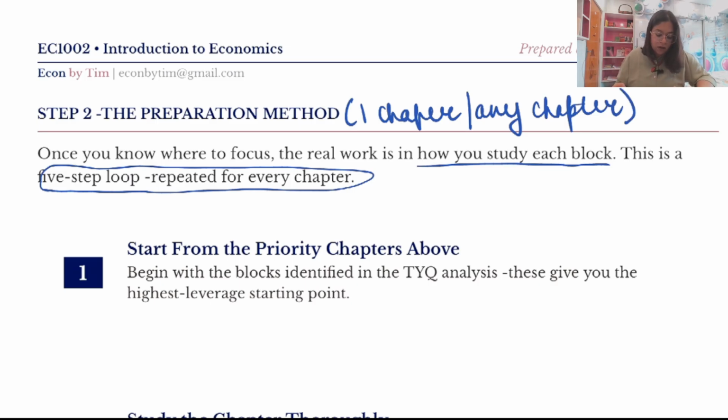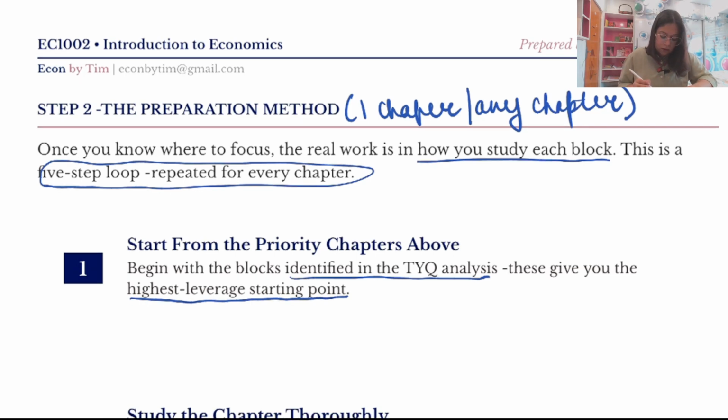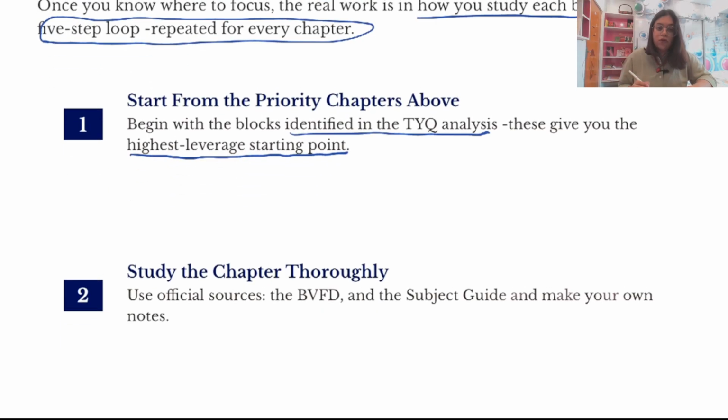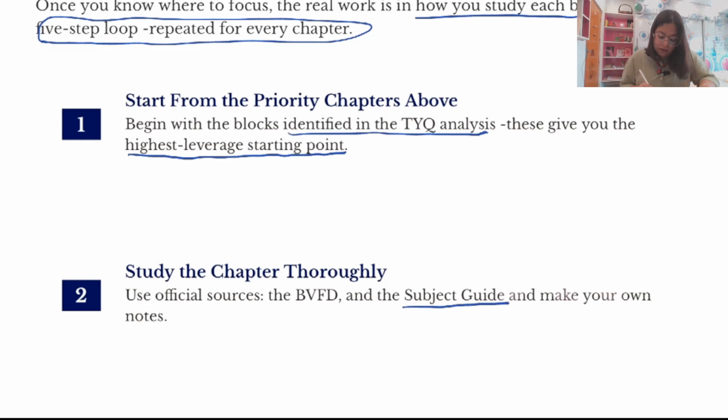Let's start. Please start from the priority chapters above. Begin with the blocks identified in this analysis booklet because they give you the highest leverage starting point. So you have the blocks. Now you take that block, and the official resources are the subject guide and the BVFD, which is your essential reading.